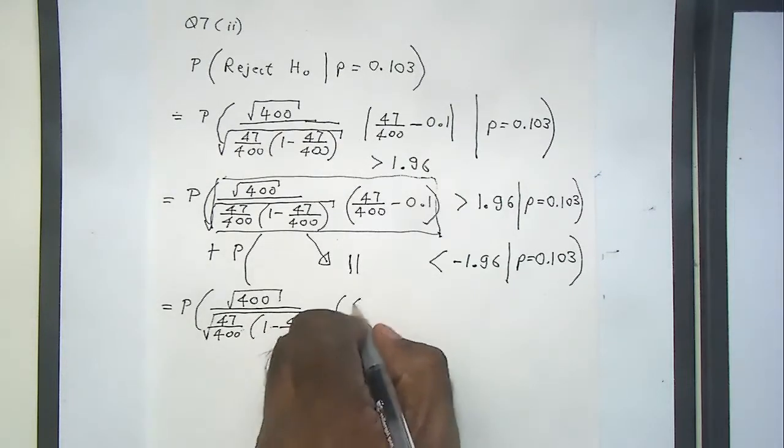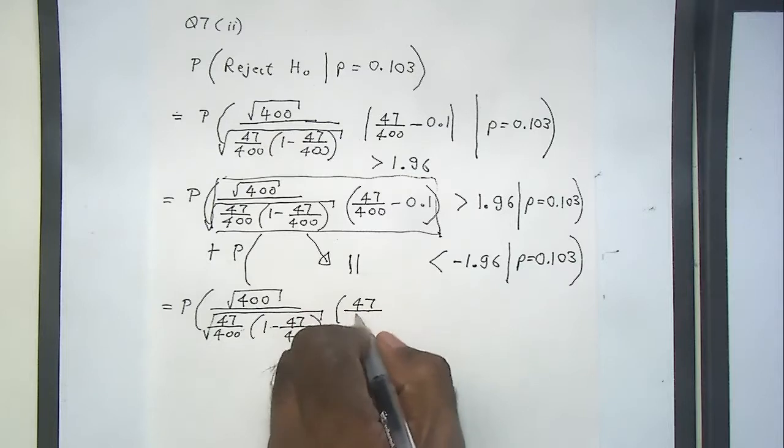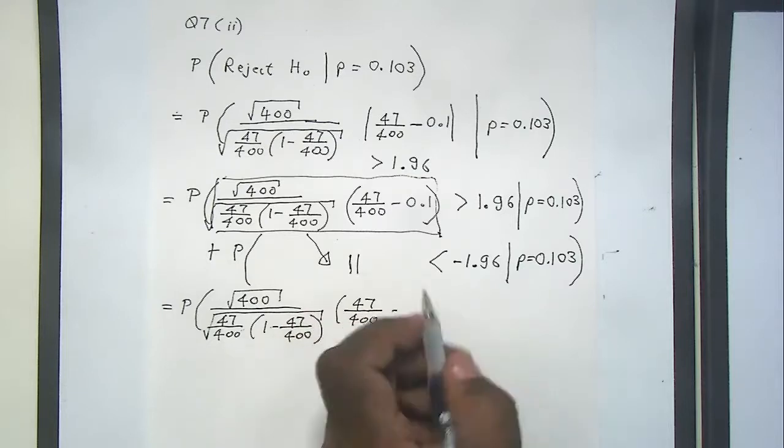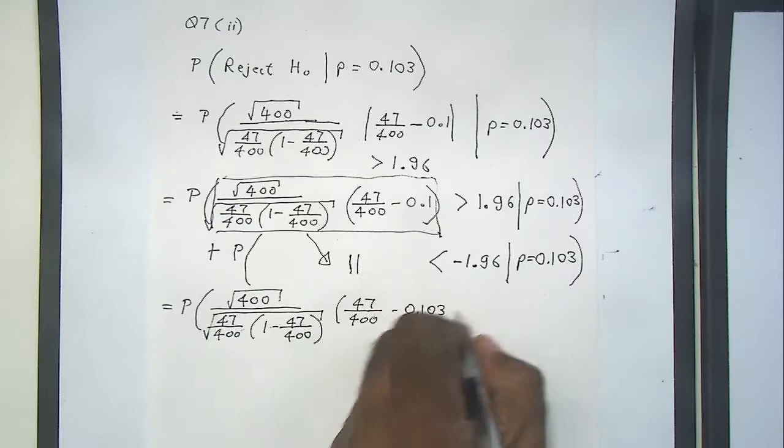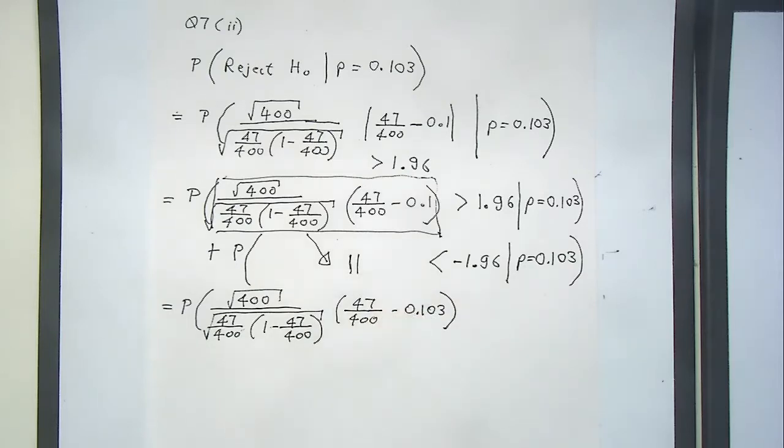Okay, in this step I'm going to change the 0.1 to 0.103. So what I have done is to subtract 0.003, right?